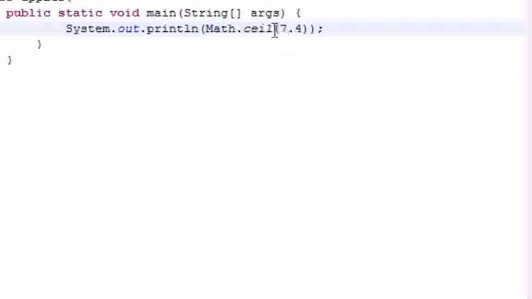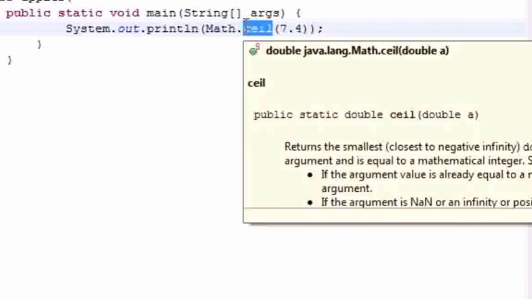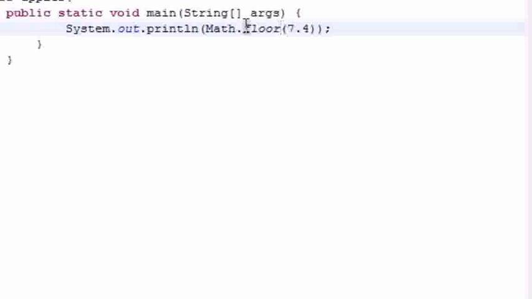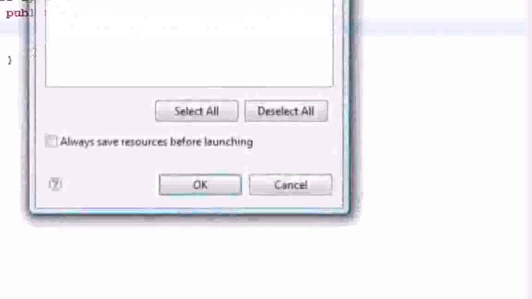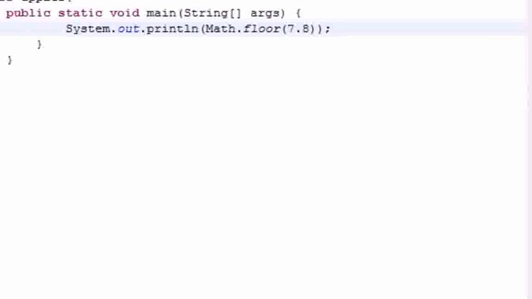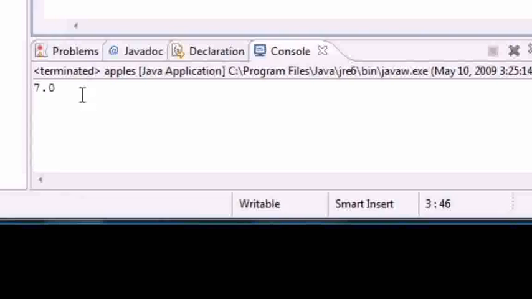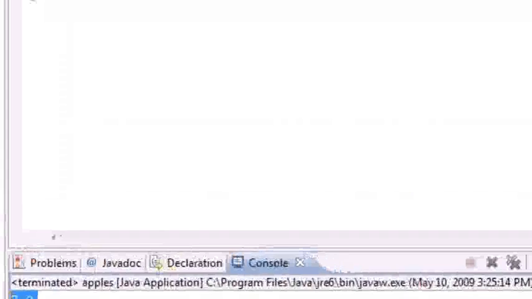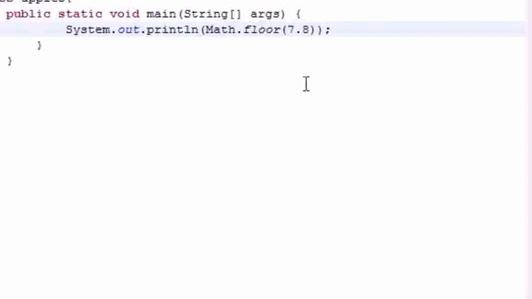Now since it has ceil, there's always something called floor. Again, this takes a number, say you have 7.8, it always rounds it down. So ceil always rounds up the number, floor always rounds down the number. So for floor, if you have 7.8, it's going to be 7.